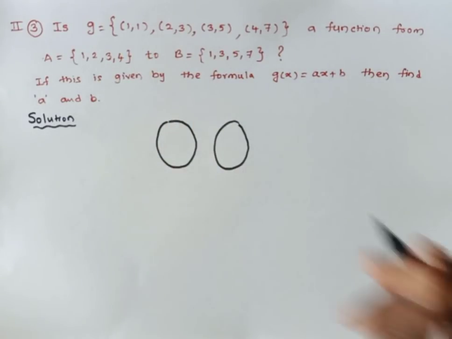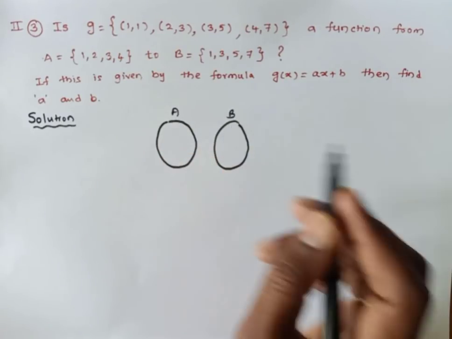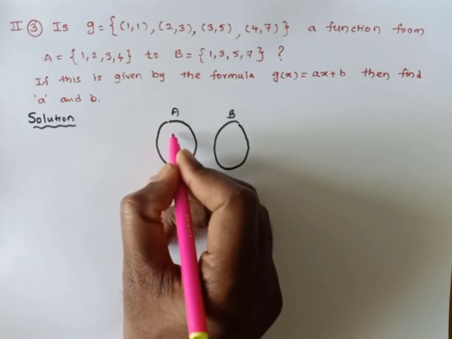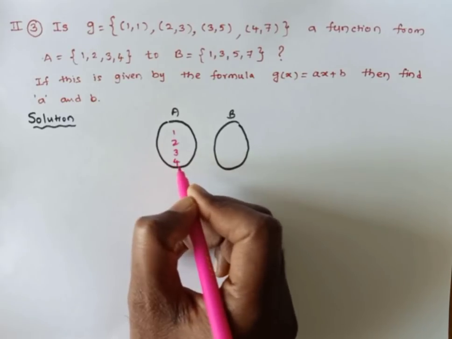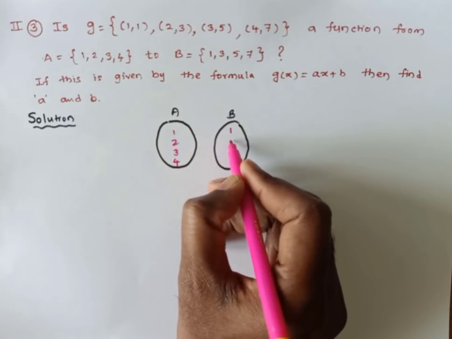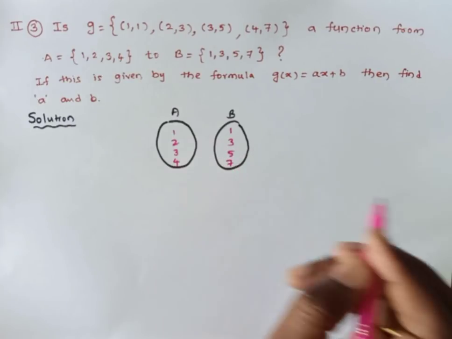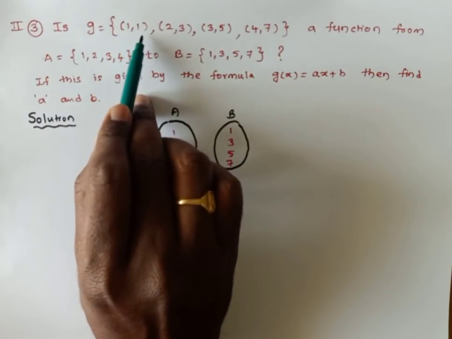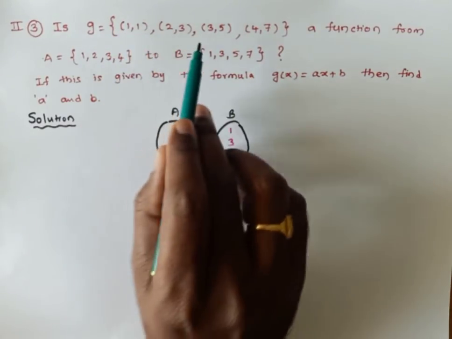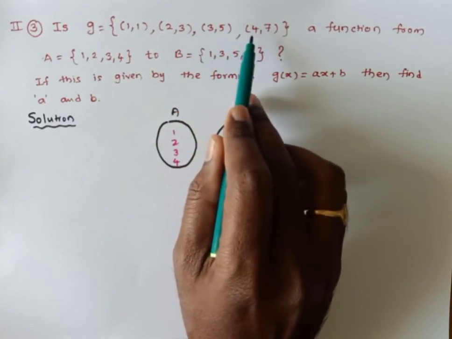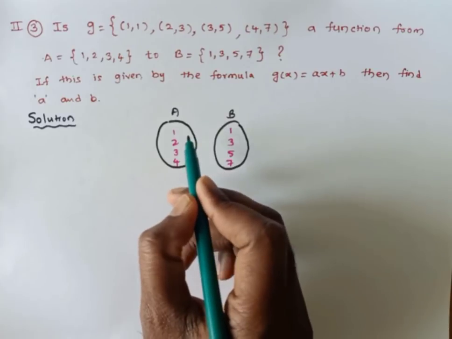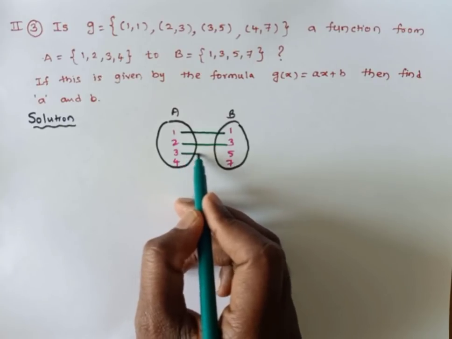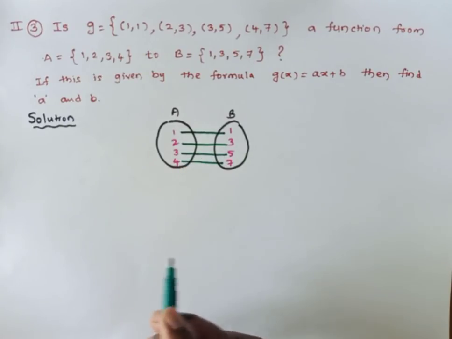The set A contains the elements 1, 2, 3, 4 and B contains 1, 3, 5, 7. Now observe the relation. The ordered pair (1,1) means 1 is mapped to 1, 2 is mapped to 3, 3 is mapped to 5, 4 is mapped to 7. So write down the mappings.